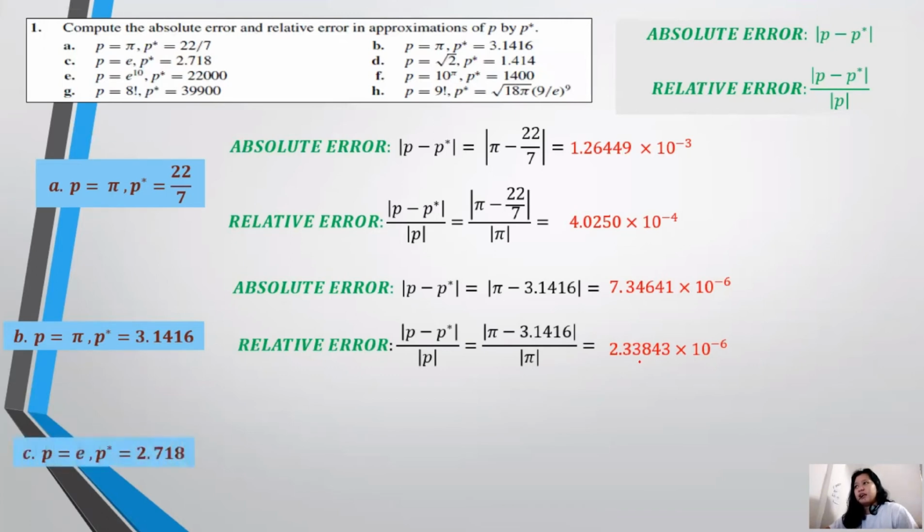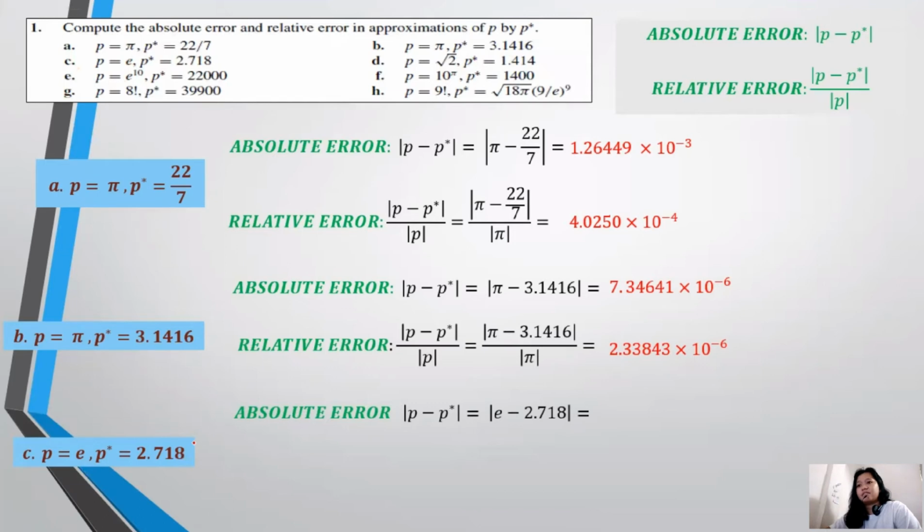For letter C here, our p, or our exact value, is e. Then for the p*, or the approximate value, is 2.718. For the absolute error, we will be using the formula absolute value of p minus p*.